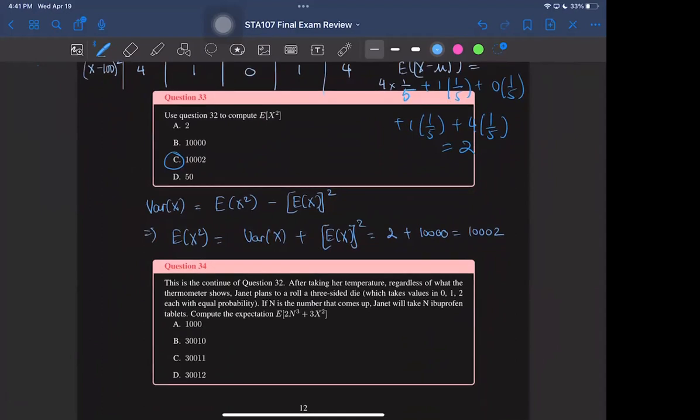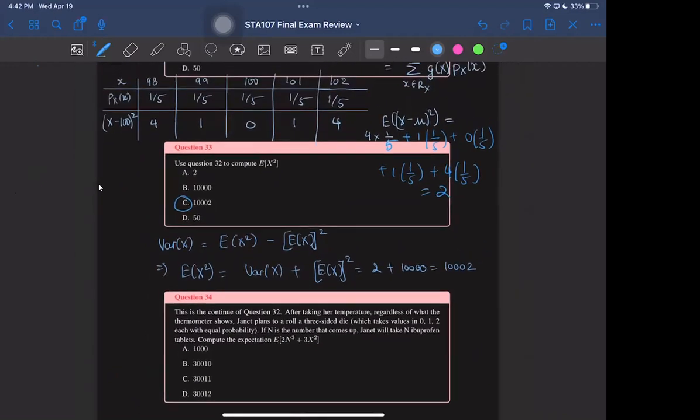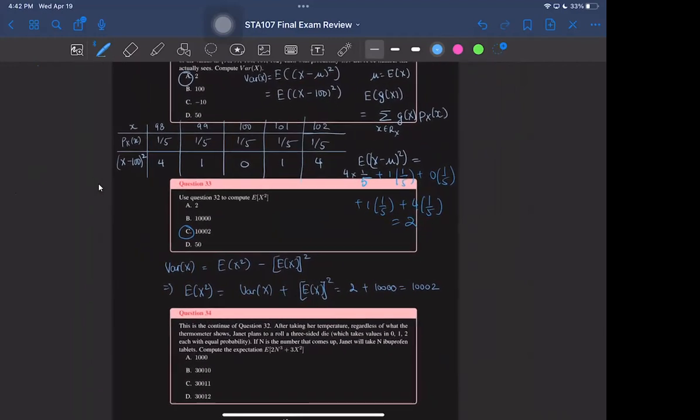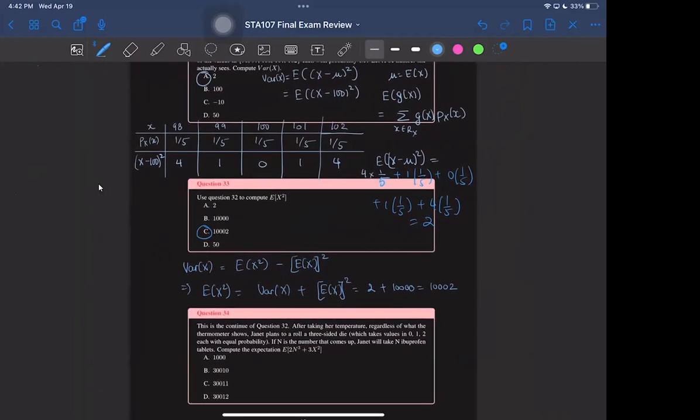Let's think about question 34. You should use linearity of expectation.